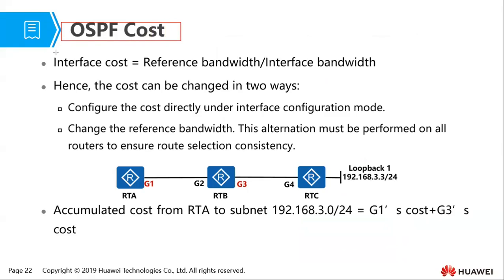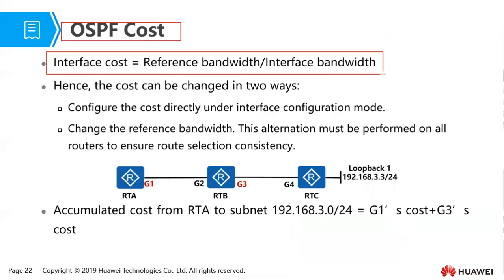Now the OSPF cost is normally calculated using what we call the reference bandwidth formula. The reference bandwidth formula goes as that the interface cost is equal to the reference bandwidth, which is normally set to 100 megabits per second, all over the bandwidth of that particular interface.